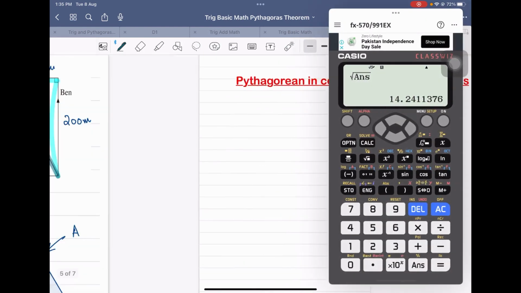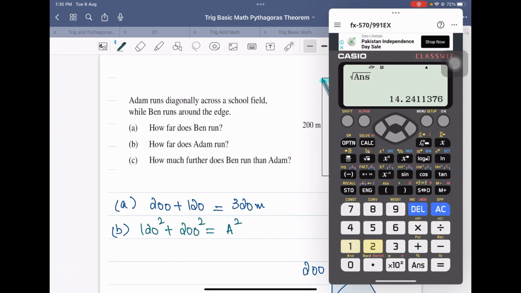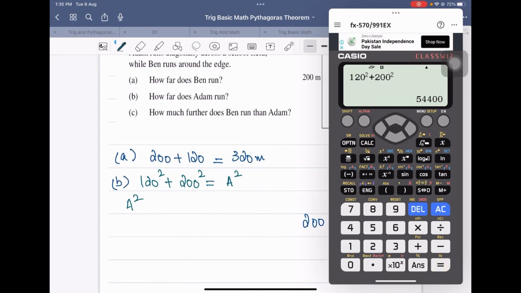So all you have to do is just 120 squared plus 200 squared, A squared is equal to 54400. And if you want to find A, you apply square root on both sides to cancel that. So A is equal to, if you square root it, the answer turns out to be 233.2.